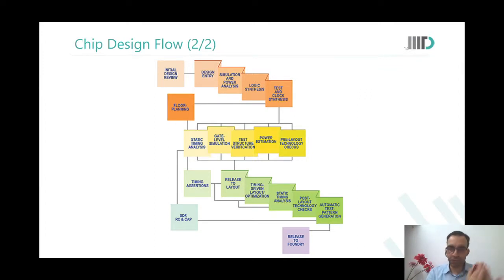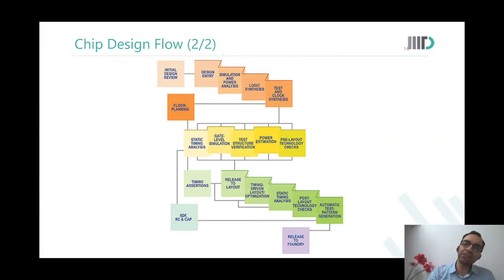So once we have this good overview of how a chip goes from requirement analysis to finally shipping, we enter into the detail of how the design implementation happens. The first stage of design implementation is initial design entry, where you say, I need this kind of memory, this kind of processor, these kinds of interfaces, DDRs, and so on.